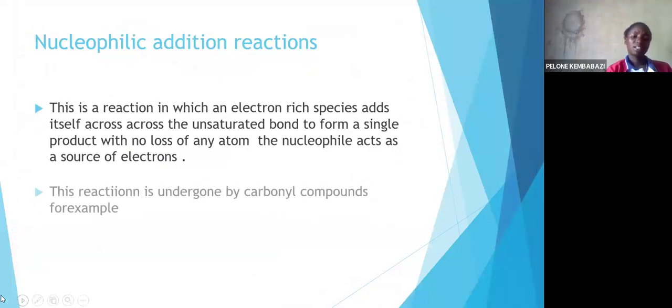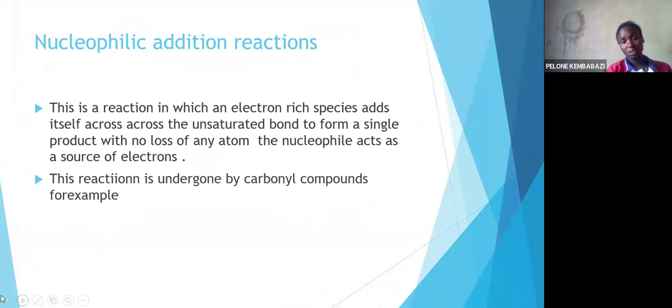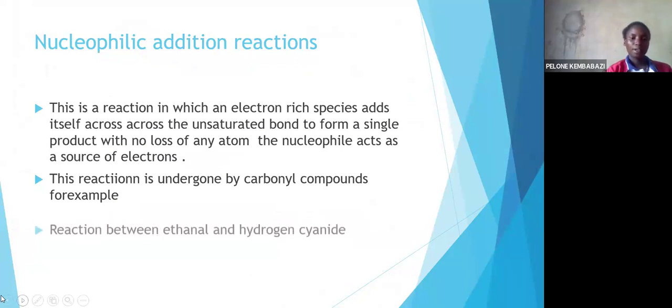So, as I was saying, nucleophilic addition reactions are reactions in which an electron-rich species adds itself across the unsaturated bond to form a single product with no loss of any atom. And here, the nucleophile acts as a source of electrons.